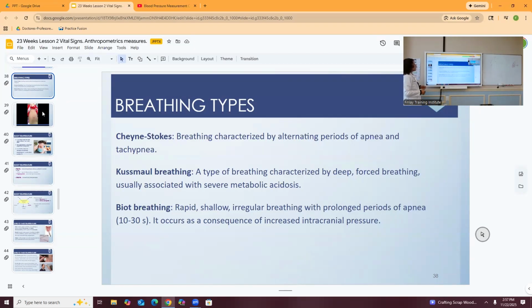The Kussmaul breathing is a type of breathing where it's going to be a deep, forced breath, and is usually associated with metabolic acidosis. It's always going to be kind of quick, but you're going to see that the patient is forcing themselves.